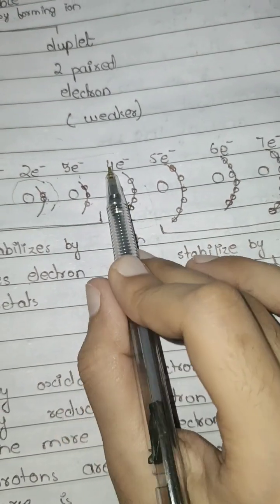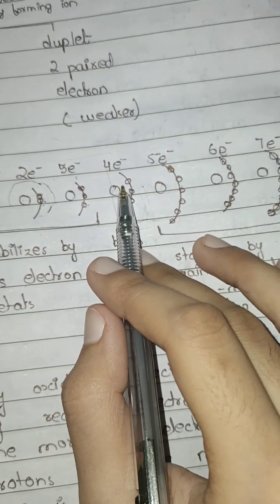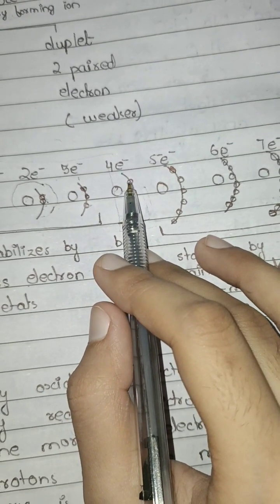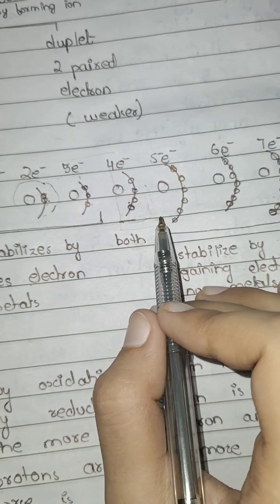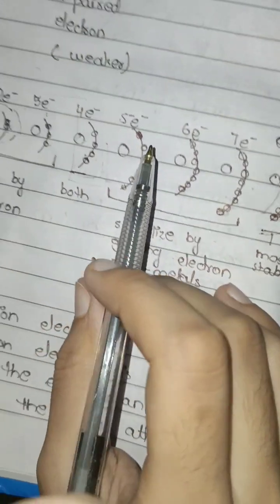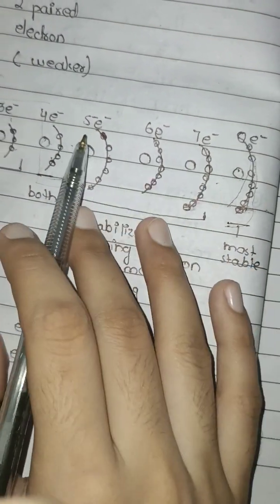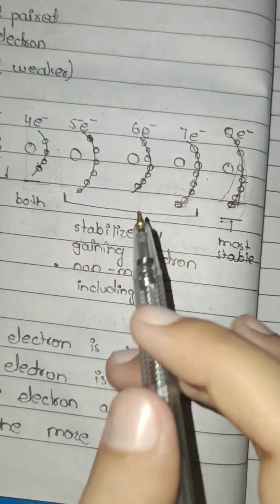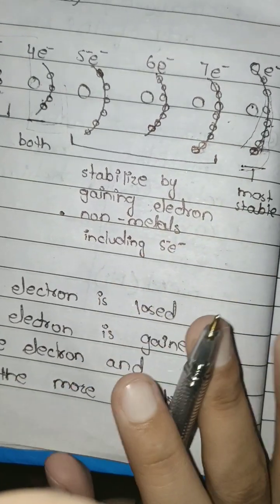While if an element has 4 electrons in the valence shell, it is quite stable, but it can lose as well as gain electrons to become stabilized. While if an element has 5, 6, 7 electrons in the valence orbit, it will gain electrons to become stabilized.